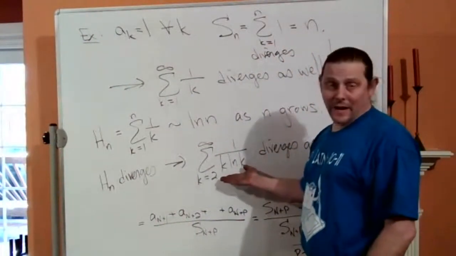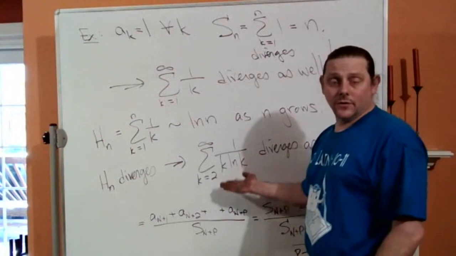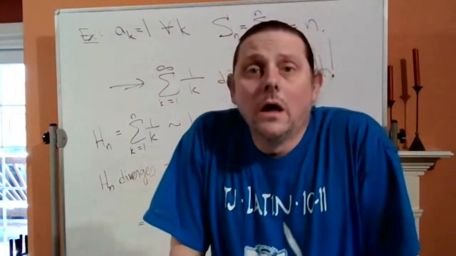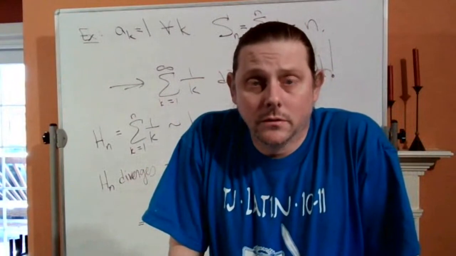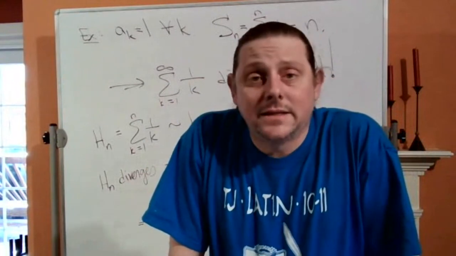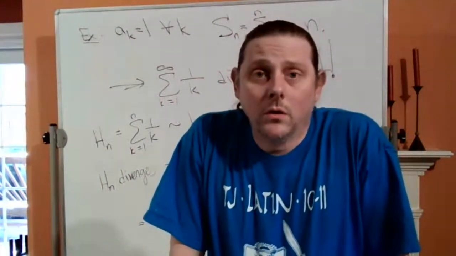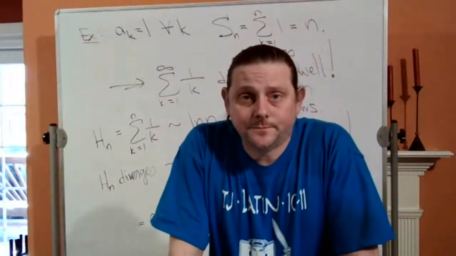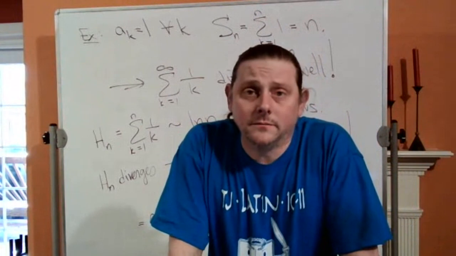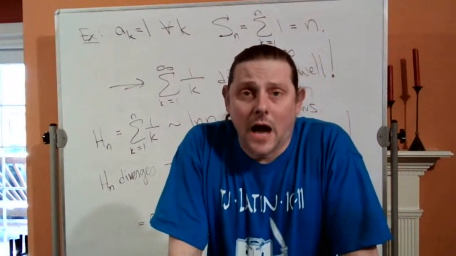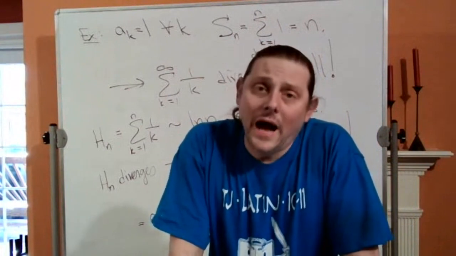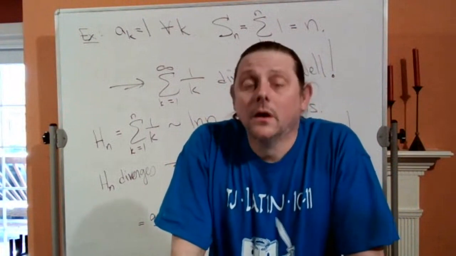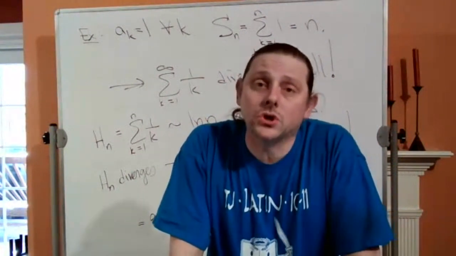But despite that fact, even though they diverge slower and slower and slower, they all diverge. So that indicates that there is no slowest diverging series. If you give me a series that diverges, I can construct one from that series that diverges even slower.